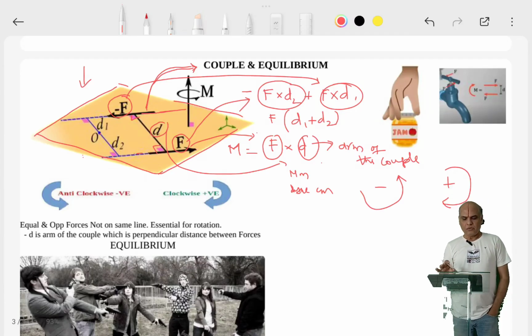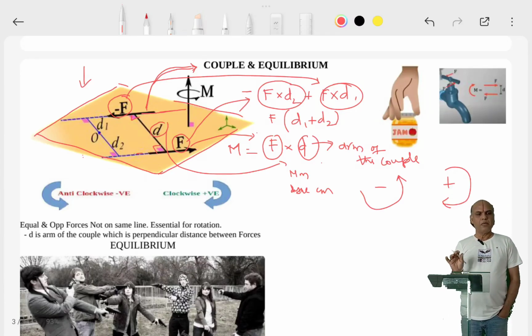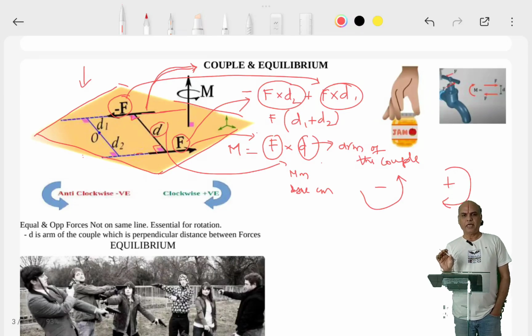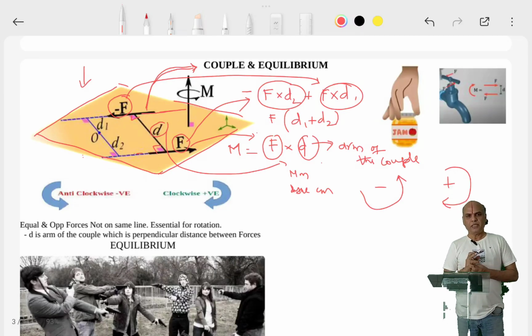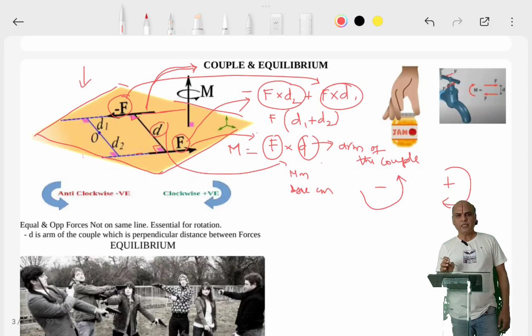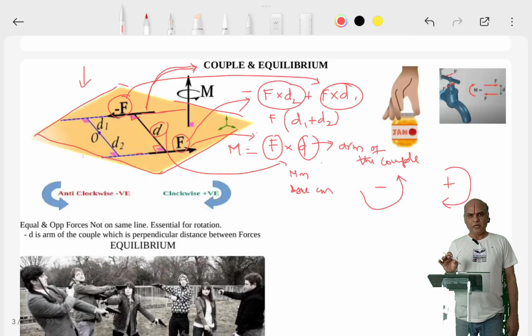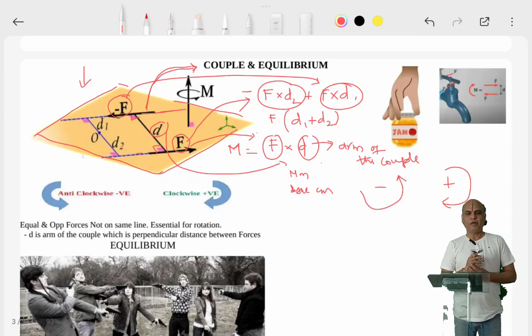Clear? So the definition of a couple is a pair of equal and opposite forces not acting along the same line, due to which a moment is applied on the body and it undergoes rotation about any point of rotation.